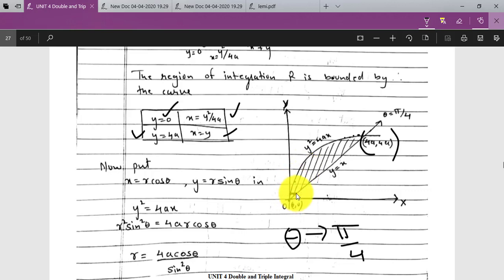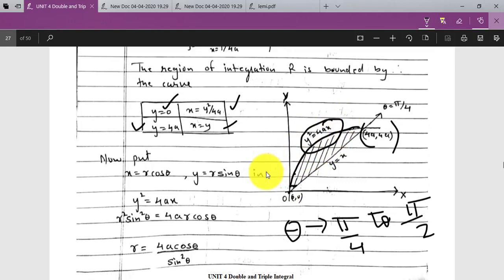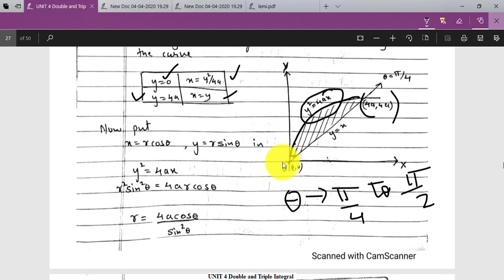It might be this point, this point, this point. Here it is 90 degrees, so it will range up to pi by 2. So theta is over. Now since my point r is traced on this curve, I will take this curve and evaluate it for the general value of r. So let's bring it in terms of r is equal to f of theta.